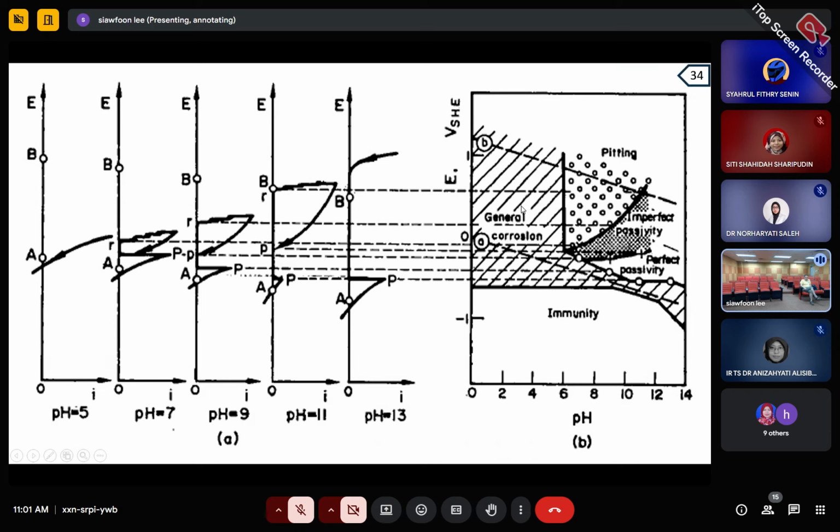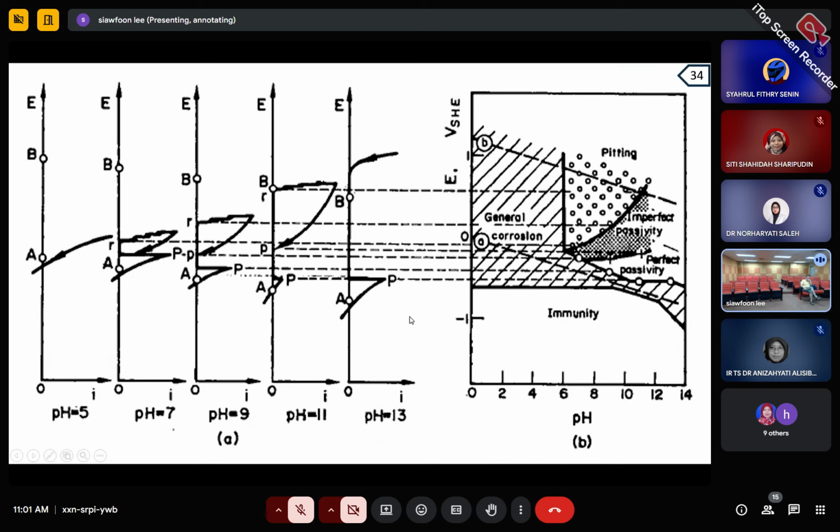Because when you refer to the Pourbaix diagram for iron, you can see when you go to 11 here, the passivation region becomes small. And when you go to pH 7, there's almost no passive region. And at pH 5, it's almost nothing. So this is the relation between the applied potential and the pH.